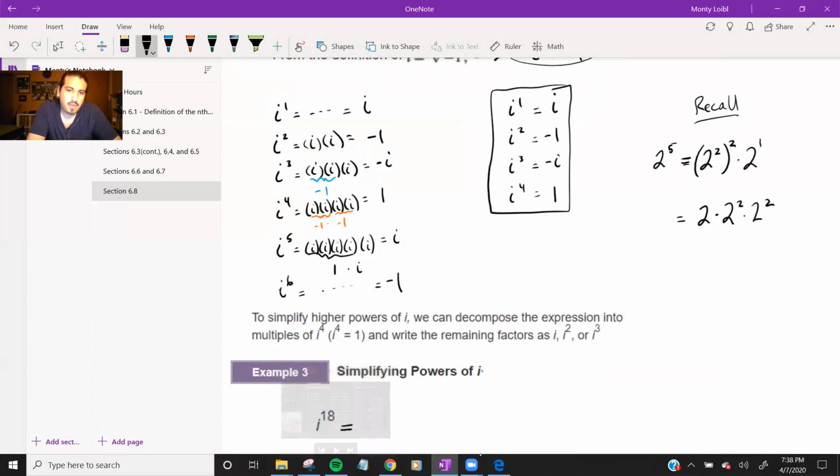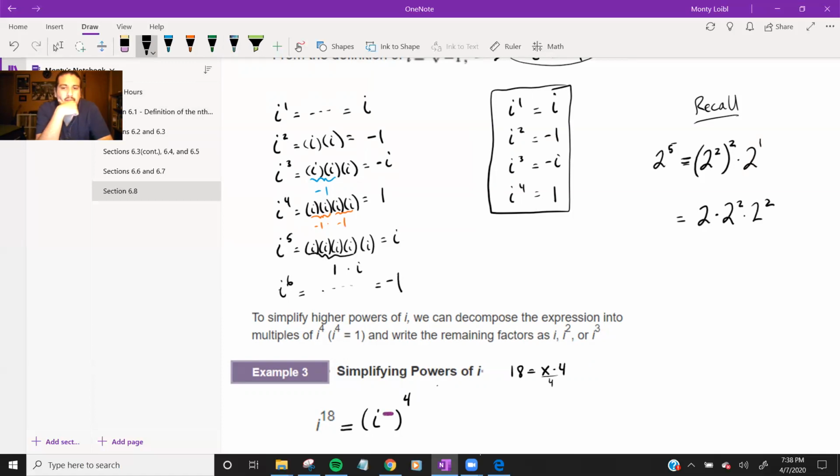i to the 18th. So what we would have here is, the question is, can we somehow get, let me put a little space here. All right, we want to know, can we break this apart so we are raising it to the fourth power? Because again, these two multiplied together should give us 18. What do we think here? Well, what this is saying is 18 is equal to some number times 4.